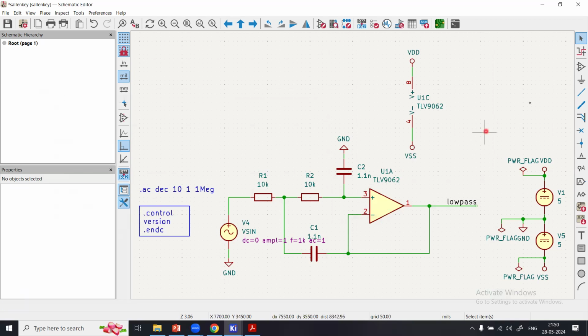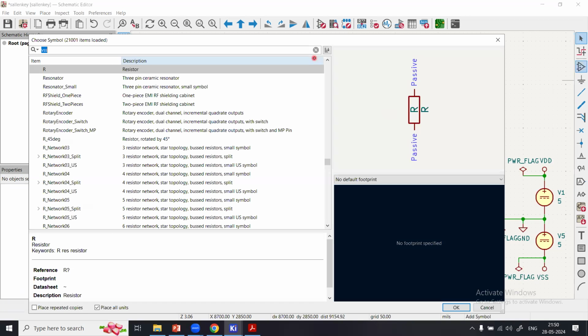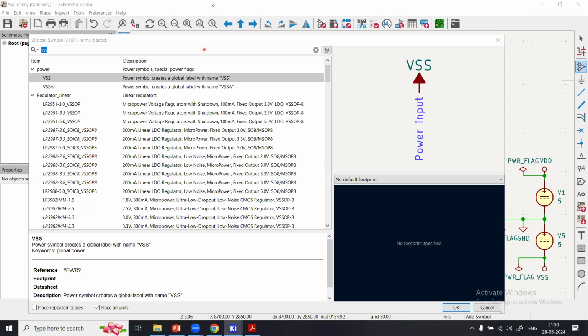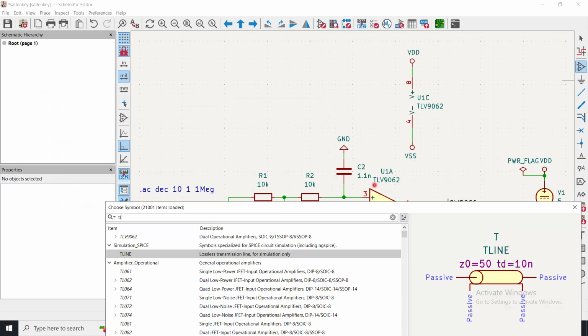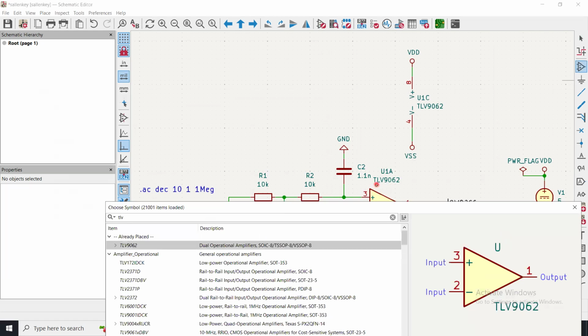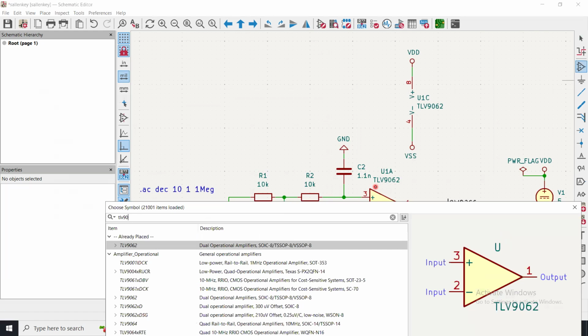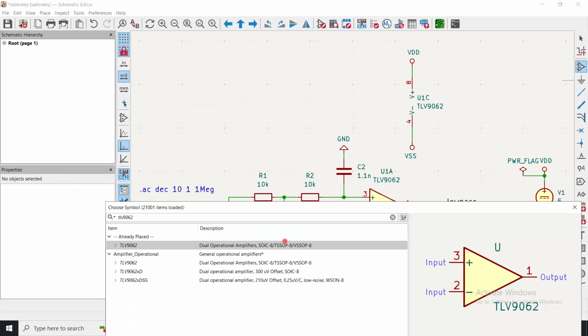For example, I click the component library here first, and then I searched for this part number, TLV9062. So here it is. I have got this dual amplifier. This is a dual op-amp, so in one IC you have two op-amps. It is available in these packages.